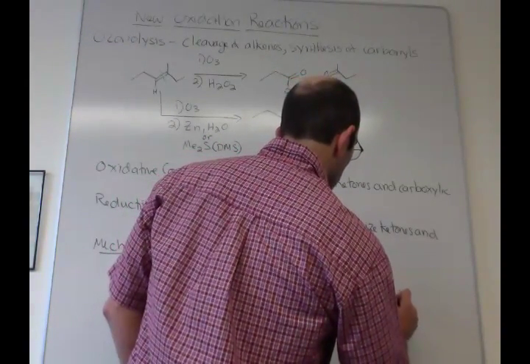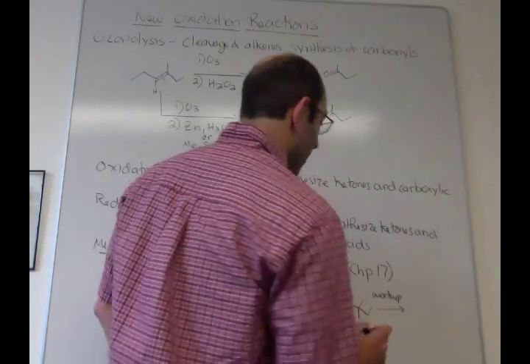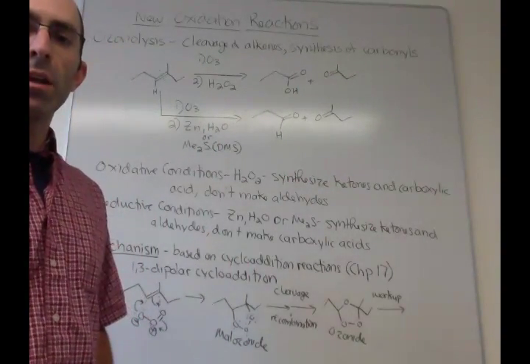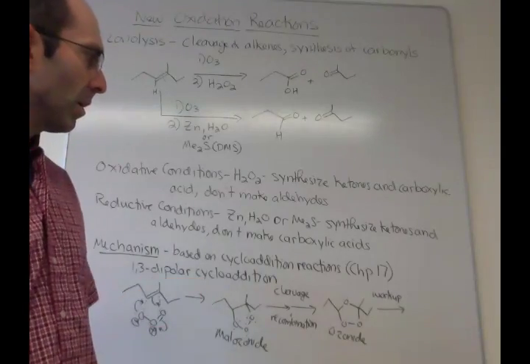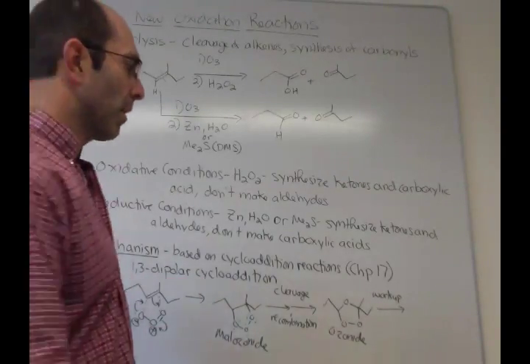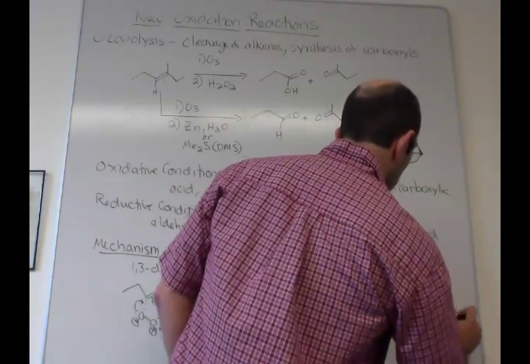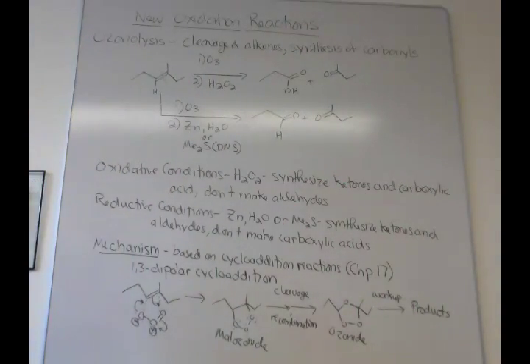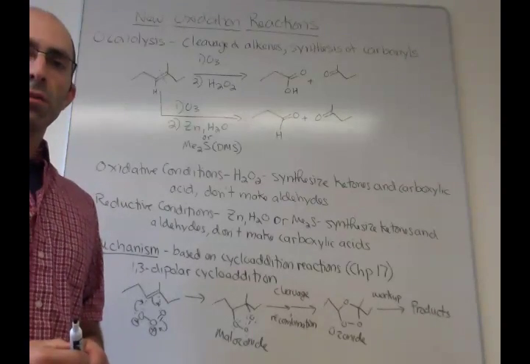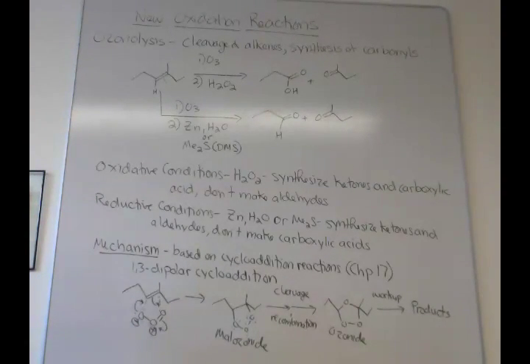Here is where we do the workup, and that would be either adding hydrogen peroxide or the zinc or dimethyl sulfide. And then we get the products. Okay, so those are the details for doing an ozonolysis reaction.